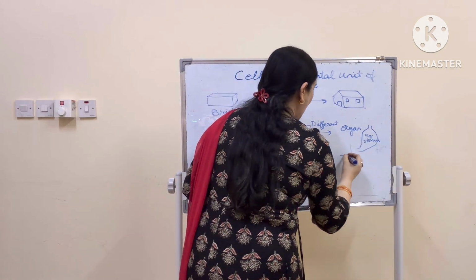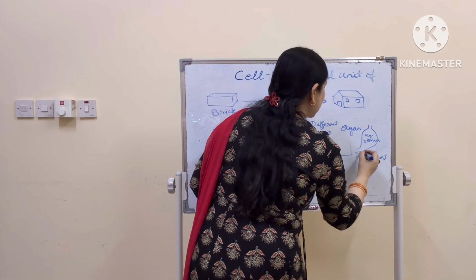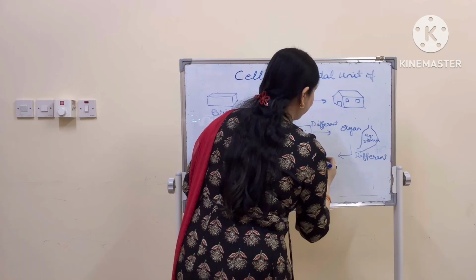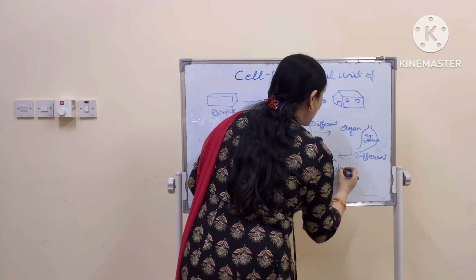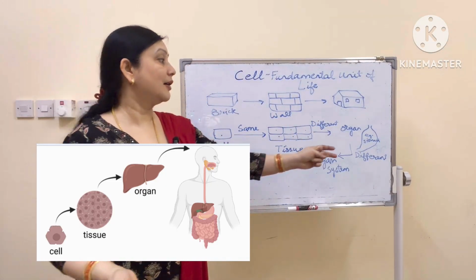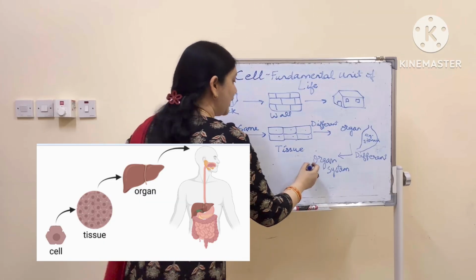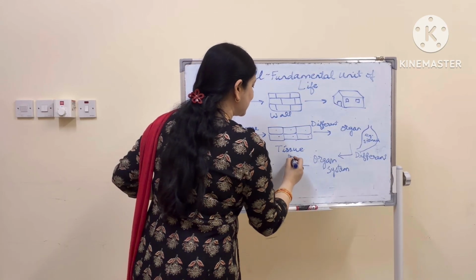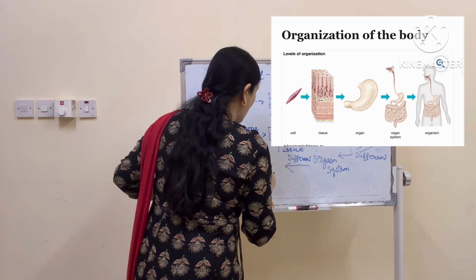Then different organs, stomach, small intestine, large intestine, join together to make up an organ system. They combine to make up the digestive system. When different organ systems combine, they make up the whole organism.